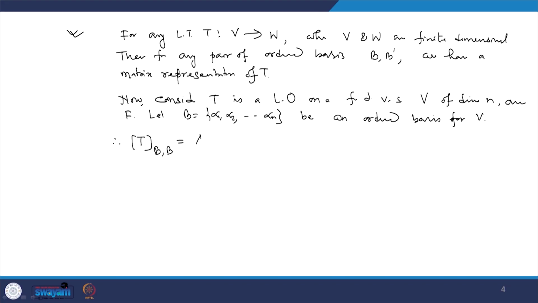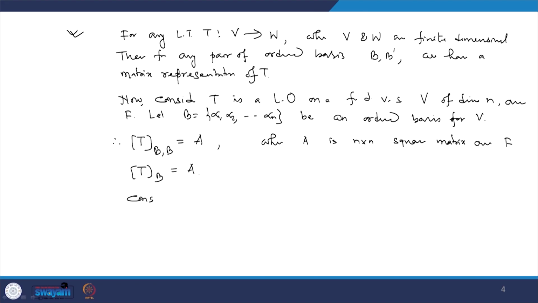Let us consider capital A, where A is an n cross n square matrix over capital F. For the sake of simplicity, I will write this simply as the matrix representation of T related to ordered basis B, that is equal to, say, capital A, please.